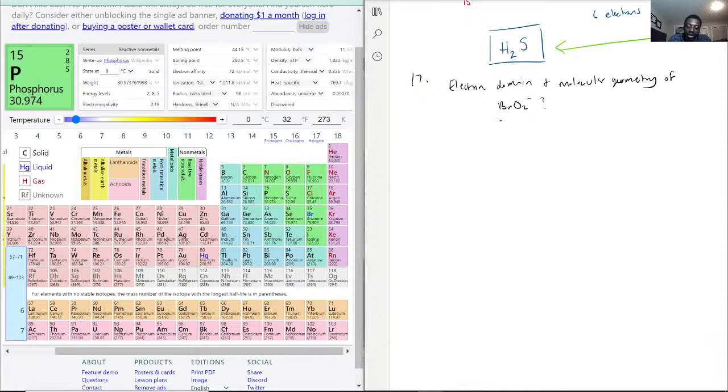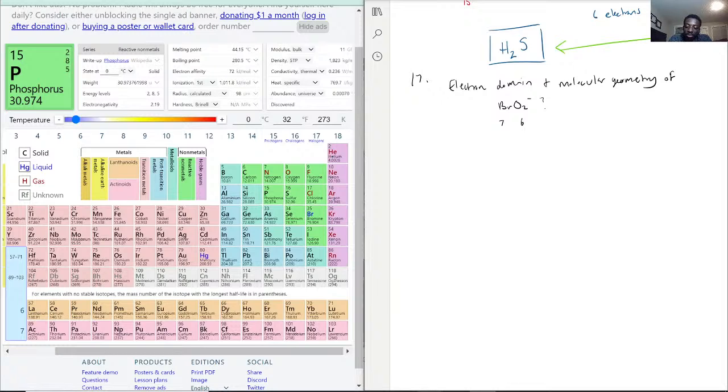So bromine has 7 valence electrons based on the fact that it's on the 17th column, and you can also show it based on its electron configuration. You end up with 4s2 4p5, which adds up to 7. Oxygen is 2s2 2p4, and it's on the 16th column, so it's 6.